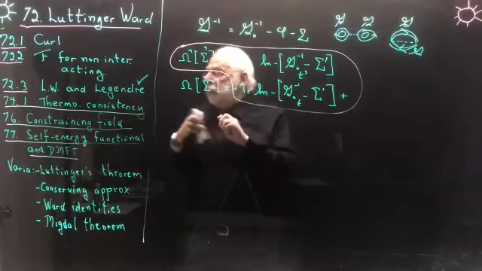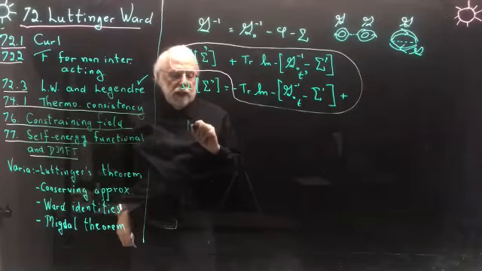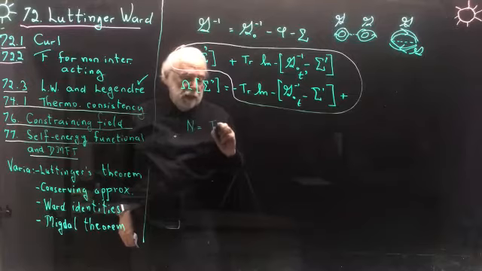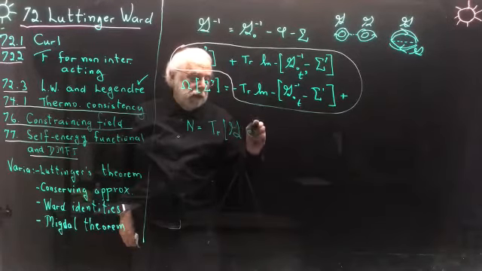So what I mean by thermodynamic consistency is that we know that we can compute, for example, the density, the number of particles, I'm sorry, by doing the trace of the Green's function with the e^{-iK_n 0^-}.